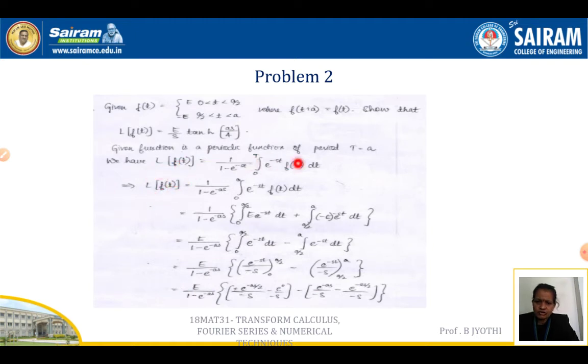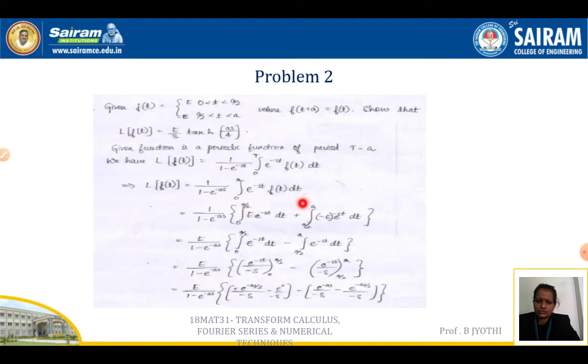The given function is a periodic function of period t equal to a. So we have L of f of t is 1 upon 1 minus e power minus st, integral 0 to a, e power minus st f of t dt. Here it is 0 to a because the period is a, and here also 1 upon 1 minus e power minus as.